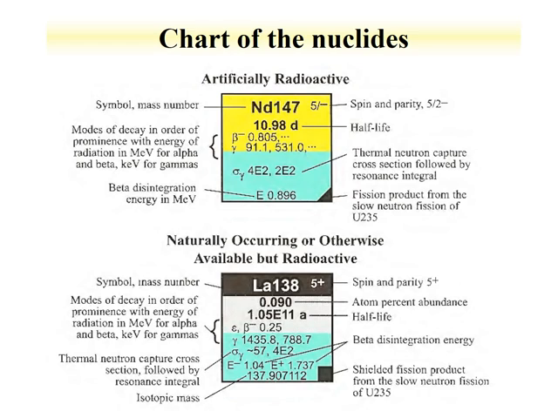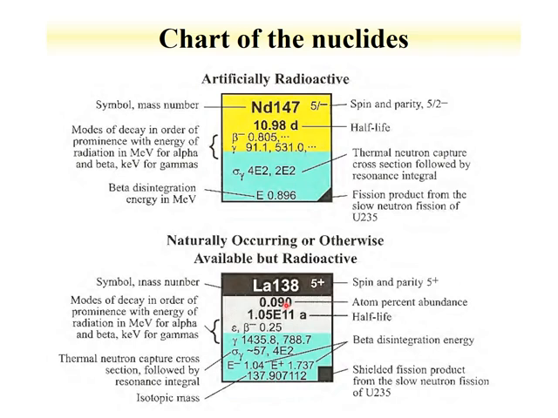Now, there are some isotopes that are naturally occurring and radioactive. Their symbol has a black bar on it. We saw on some previous pages that tritium falls into this category, carbon-13 falls into this category. Here's an example of lanthanum-138, and the spin and parity is 5+.